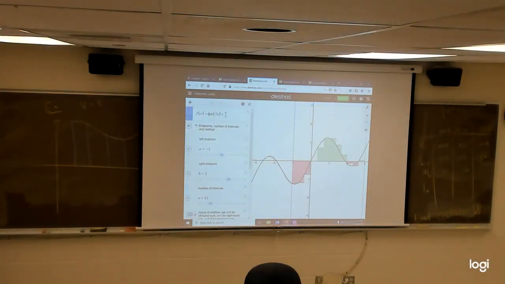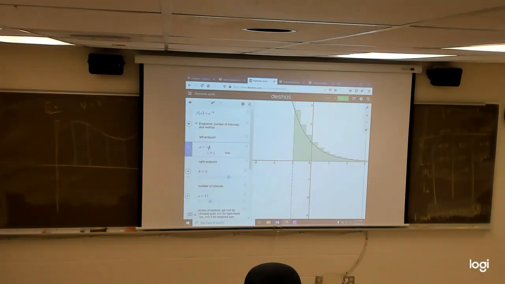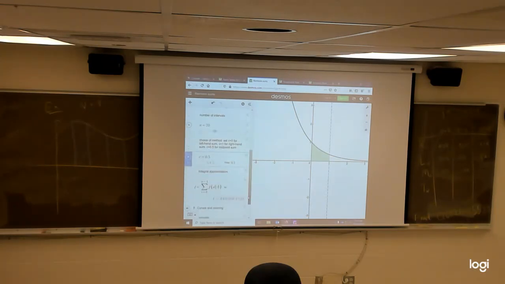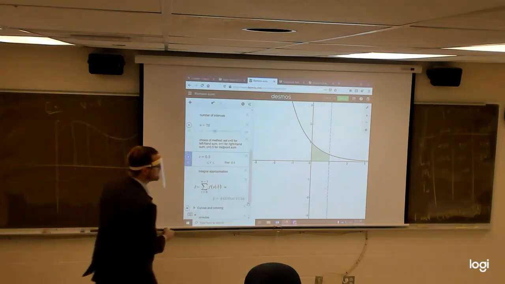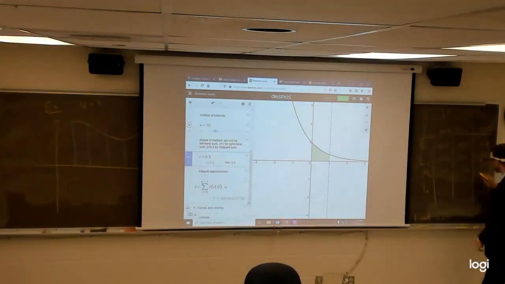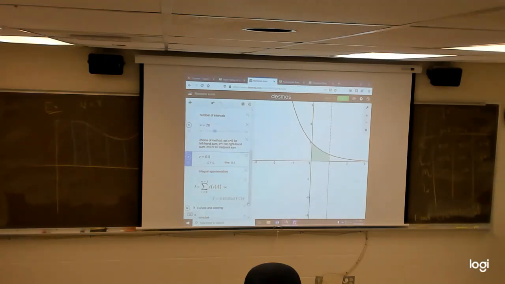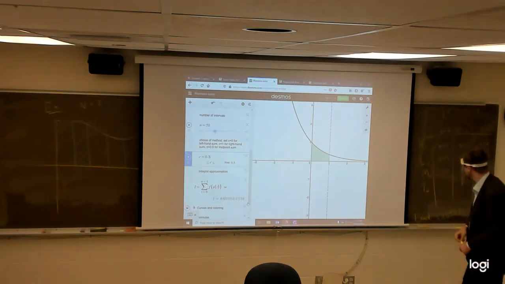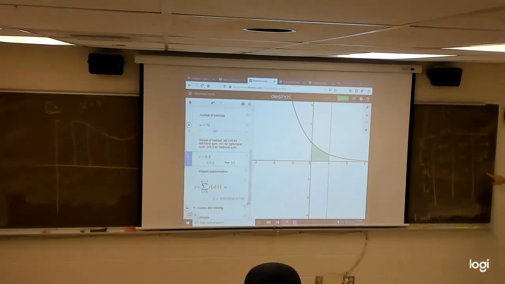Oh, shoot. All right. That's x e to the negative x, 0, 1, 20, and c equals 0.5. This point, and okay, 0.63205. All right, so a midpoint with 20 is good to the third place, off by like 0.0001. So way better.